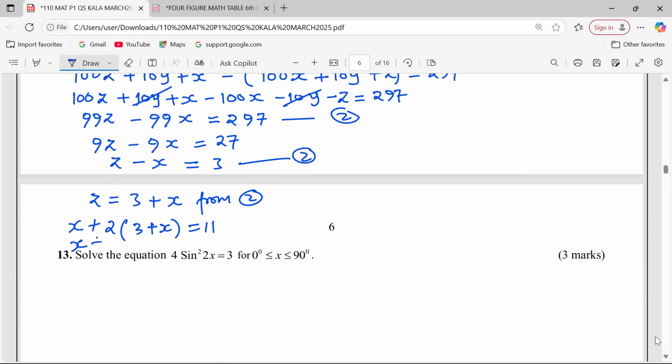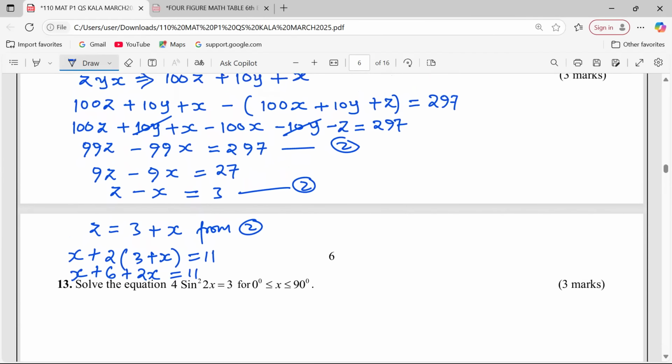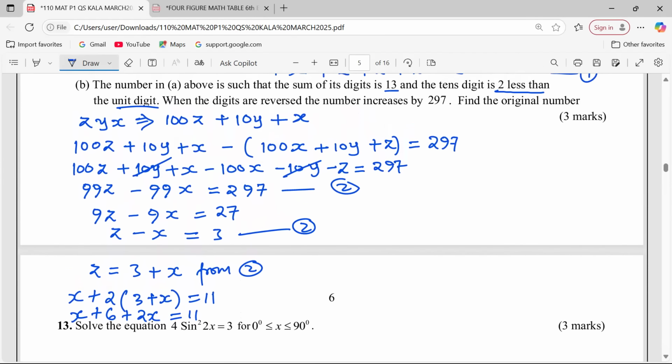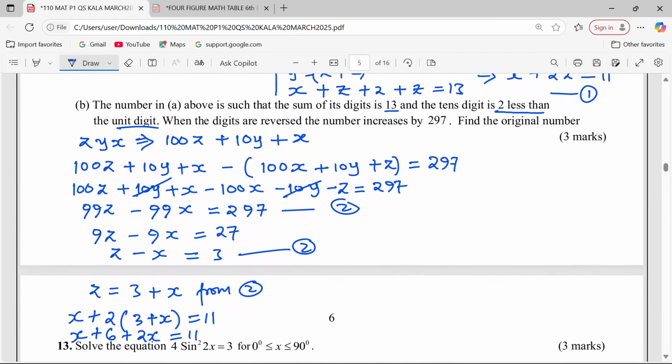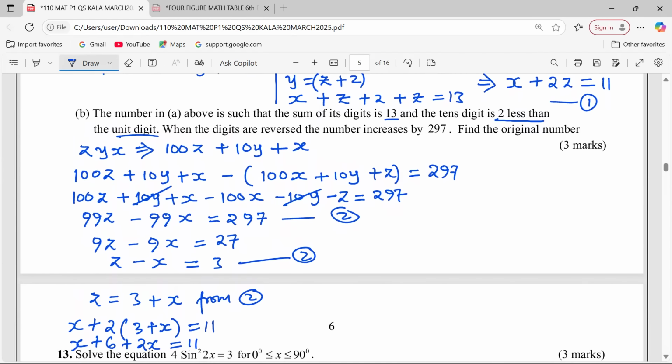So X plus 6 plus 2X equals 11. This is 3X equals 5. Is that right? Yeah, 3X equals 5.